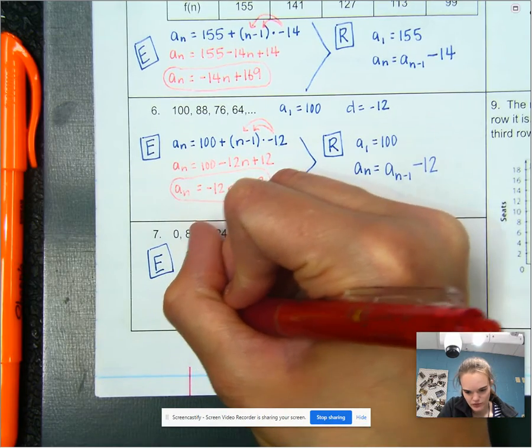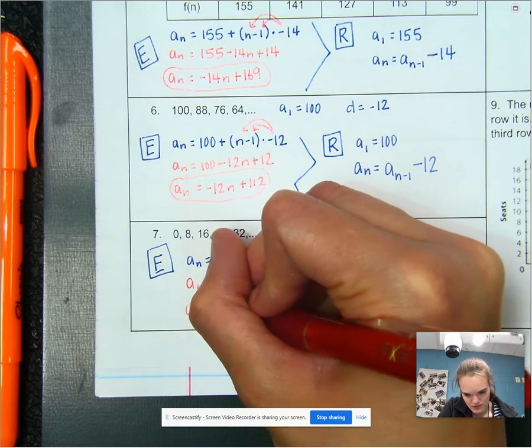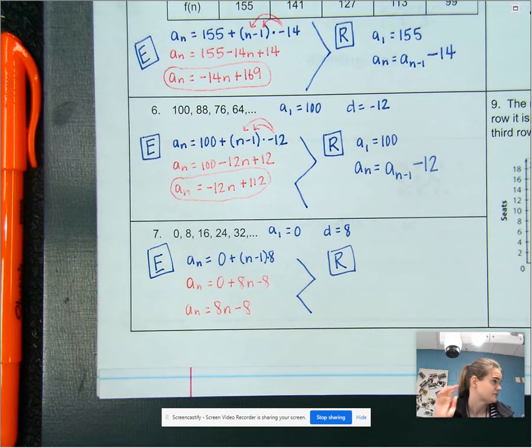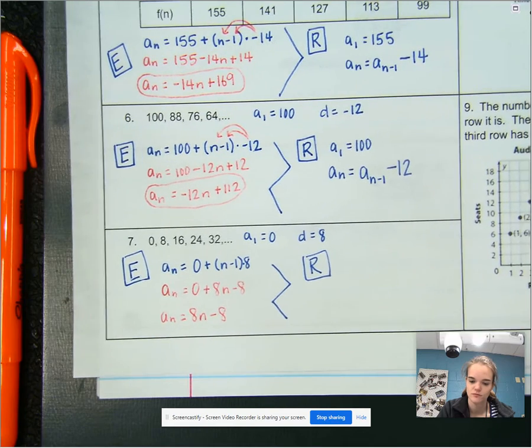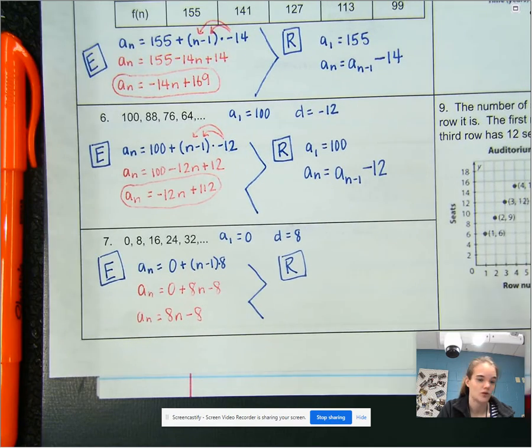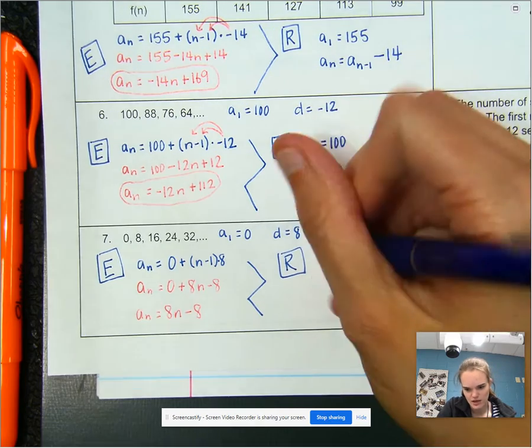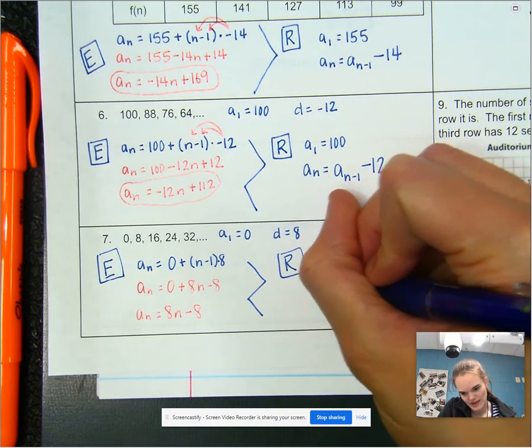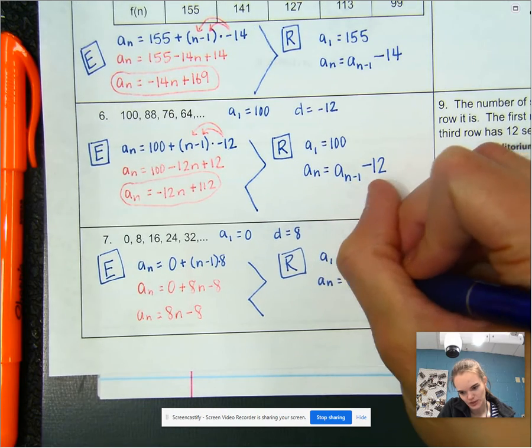A sub n equals 8n minus 8, because 0 minus 8 is negative 8. Okay, recursive. A sub 1 equals 0. A sub n equals a sub n minus 1 plus 8.